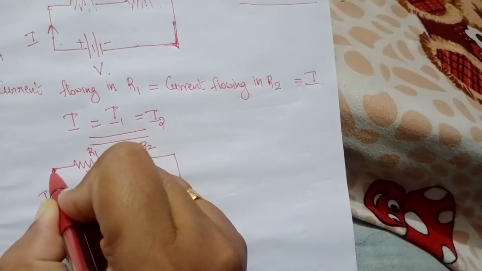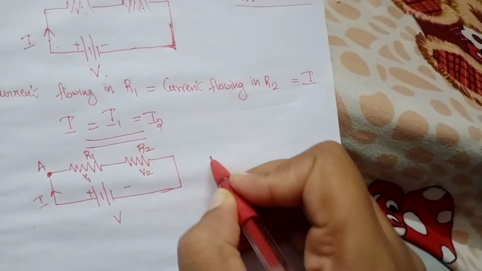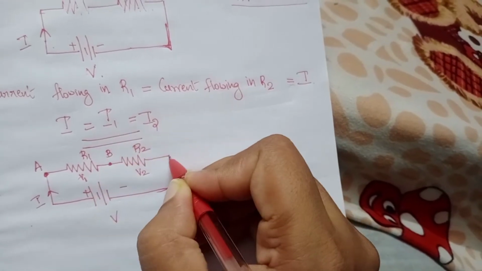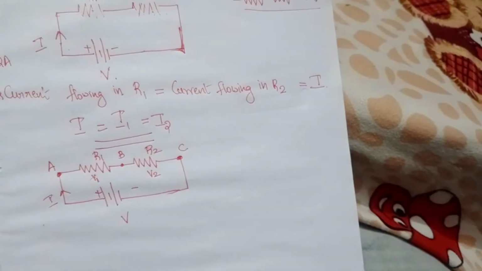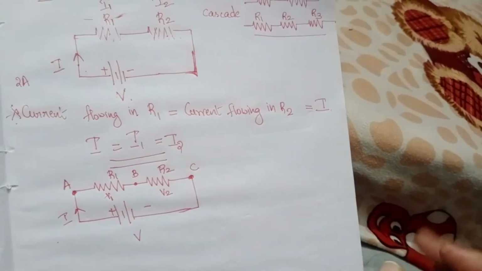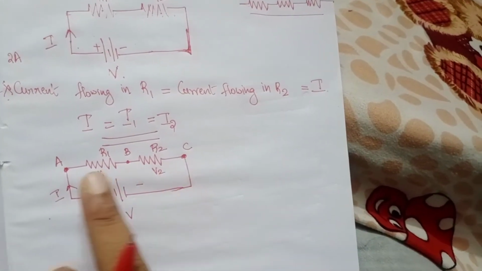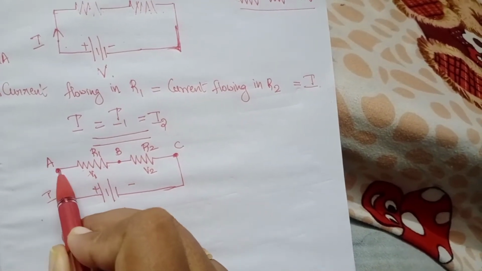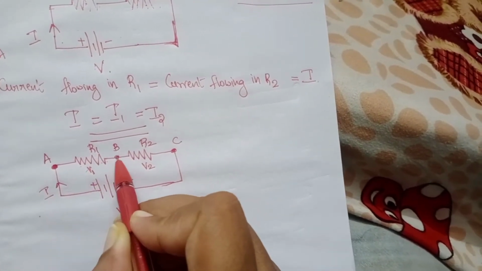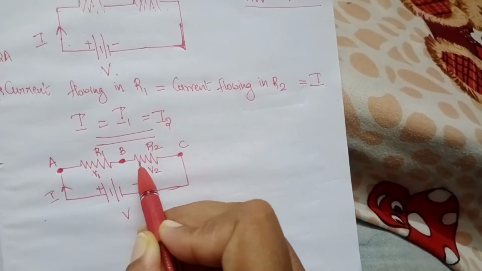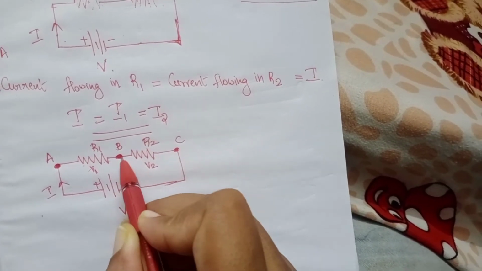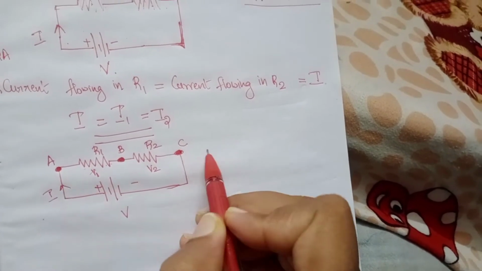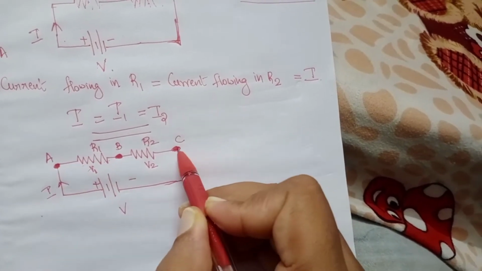So let me consider this as point A, this as point B, and this as point C. This resistance R1 is connected between points A and B. Similarly, resistance R2 is connected between points B and C. The total voltage is connected between points A and C.